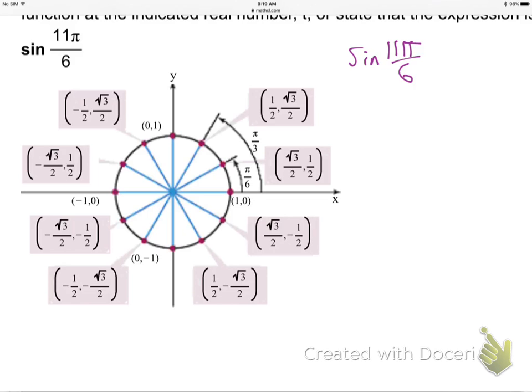I'm assuming it'd be more helpful to change to degrees. So I'm just going to plug in 180 for pi. That's what we always do, right? Pi is the same as 180. I'm going to change to degrees because basically I'm looking for which one of these dots is the angle 11 pi over 6. And once I got the dot, sine's just going to be the y-coordinate. So I'm just going to grab the y-coordinate. I just got to find which dot it is. You with me? That's my only job here.